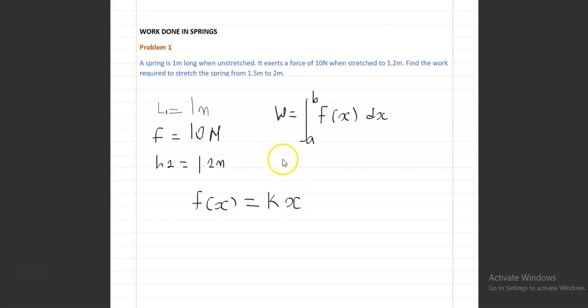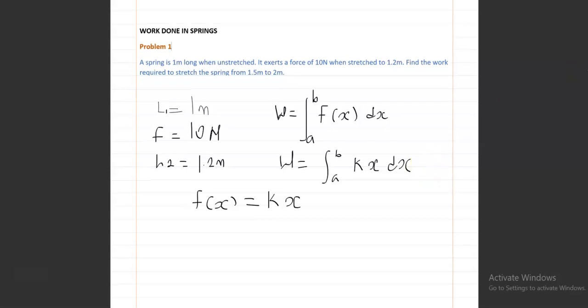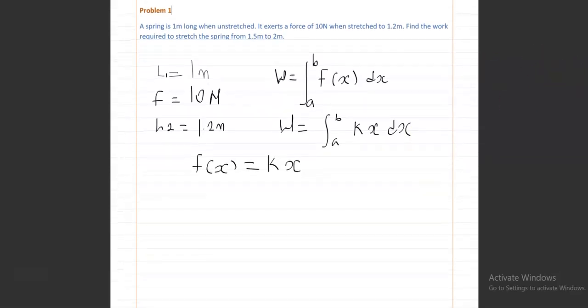We can equally write this formula like this. But there is information missing here.